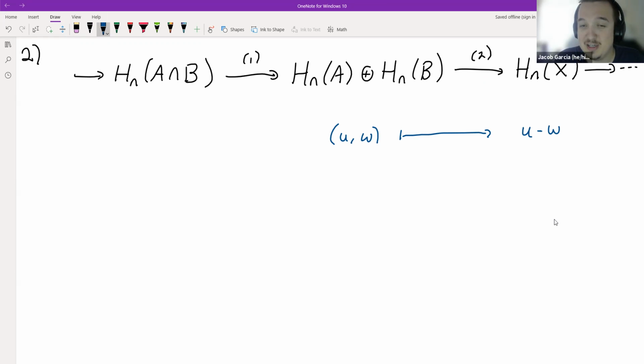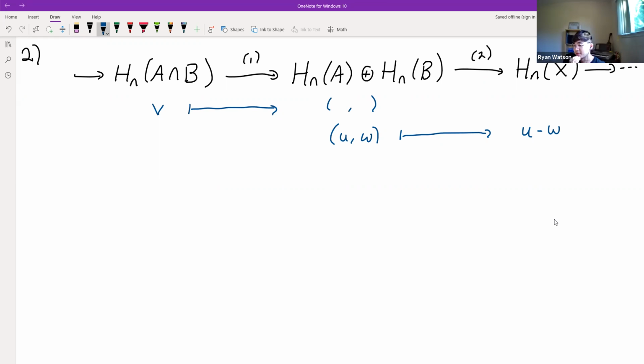I want the kernel of map 2 to be the image of map 1. So if I take an element V, what does V have to map to? Just (V, V), because you subtract and you want this thing to go to 0. Yeah, that's exactly what you have.